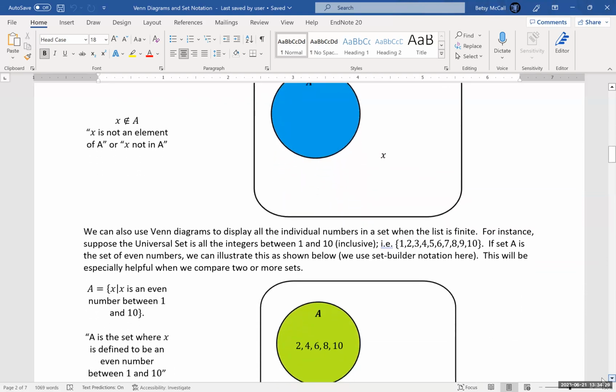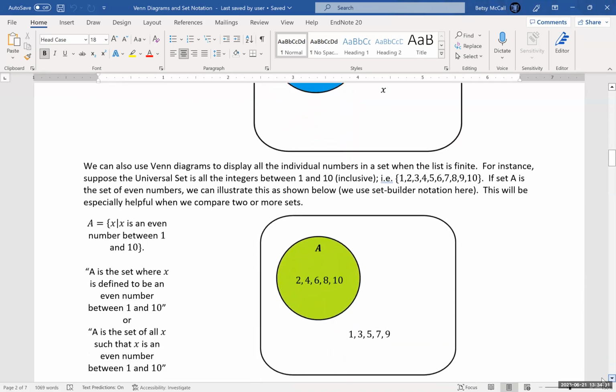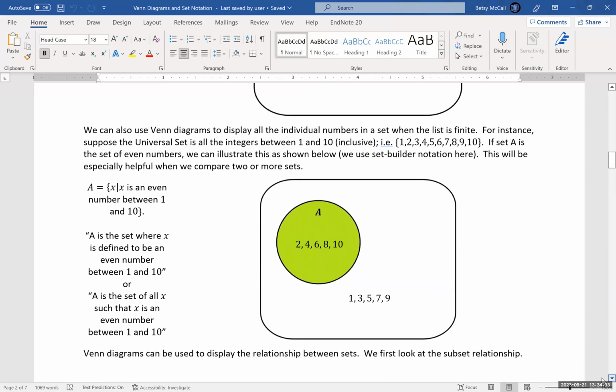Now, sometimes we use Venn diagrams to organize information where we have lists of values. So for instance, if the universal set is all integers between 1 and 10, then the even ones are in set A, and we can write these out. X is an even number between 1 and 10.